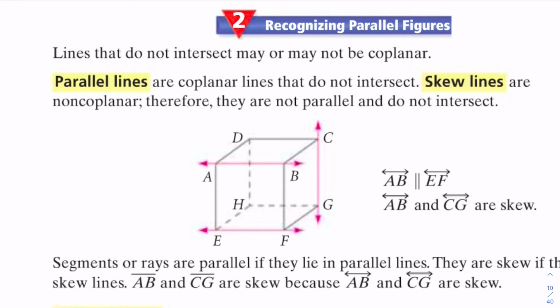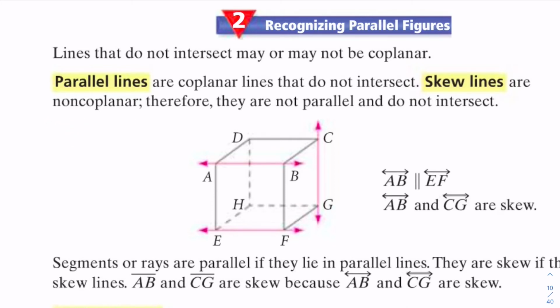CG will not intersect with AB or EF, but they will get farther apart because AB is staying here. CG is going on and on here, so their distance starts to get really, really far apart. That's what we call skew. They do not intersect, but they also are non-coplanar.